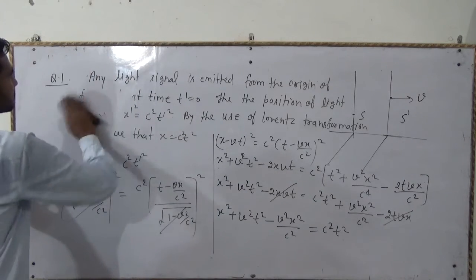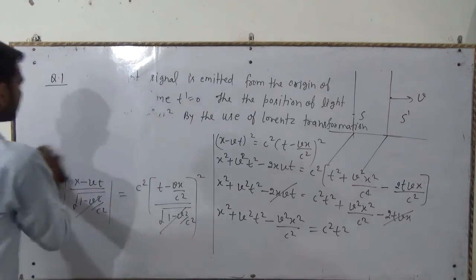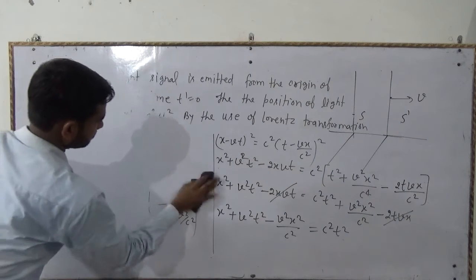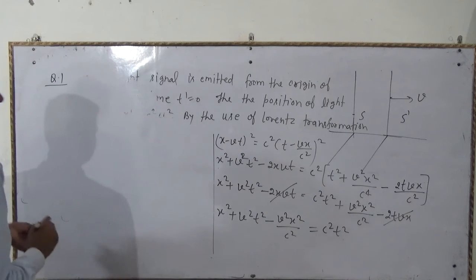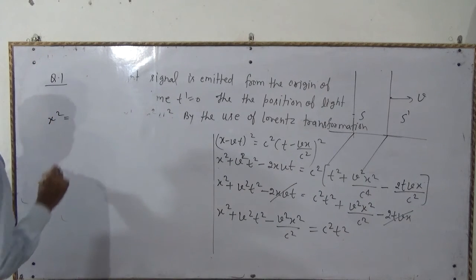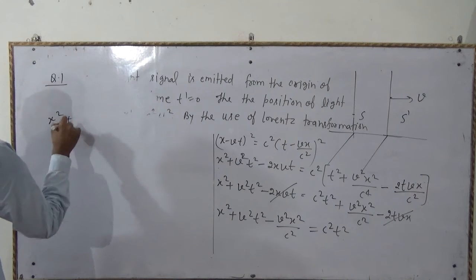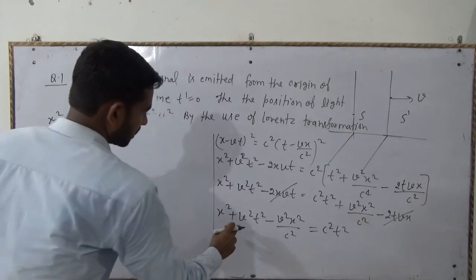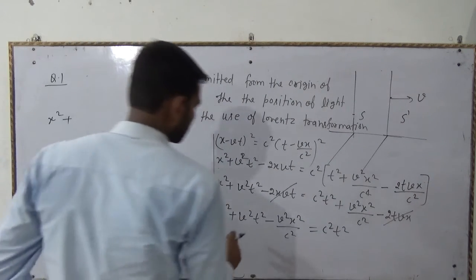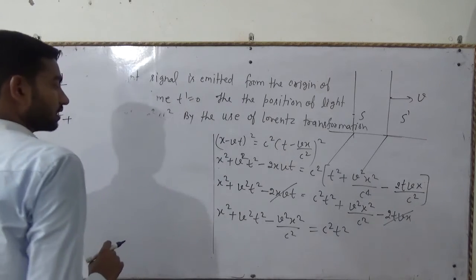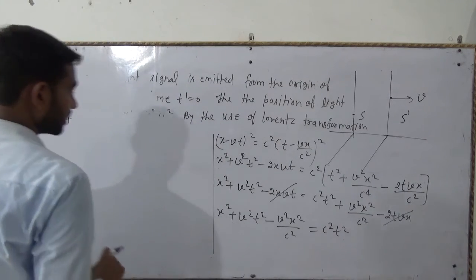After simplifying, we write x square plus v square t square minus v square x square by c square.